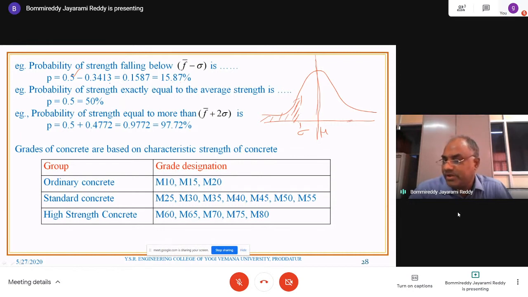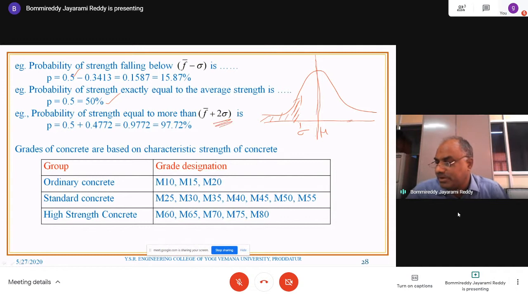So in the examination, all the appropriate values will be given. Okay. Next, probability of strength exactly equal to average strength. What is the probability that the strength of the cube is exactly equal to the average value? That is nothing but 50%, 0.5. Or otherwise, probability of strength equal to or more than F bar plus 2 sigma.